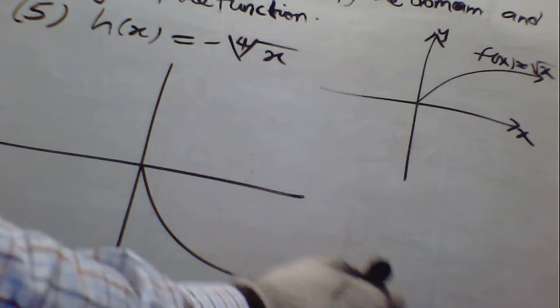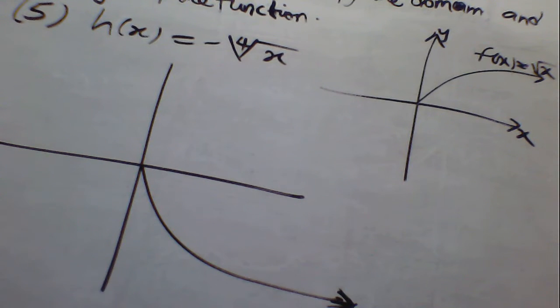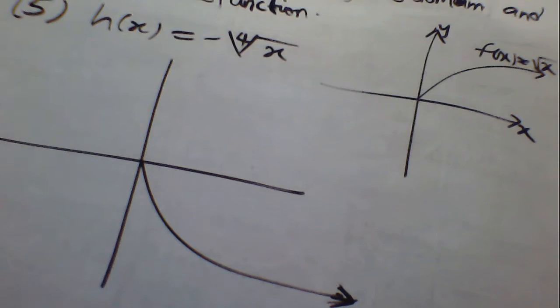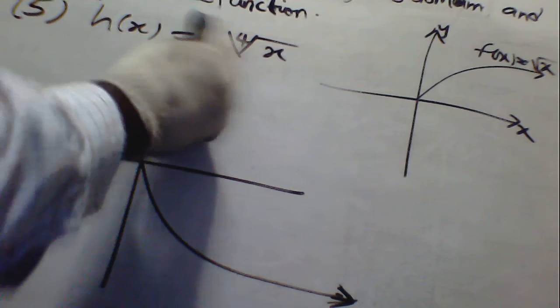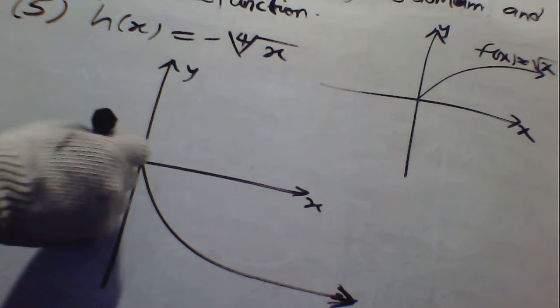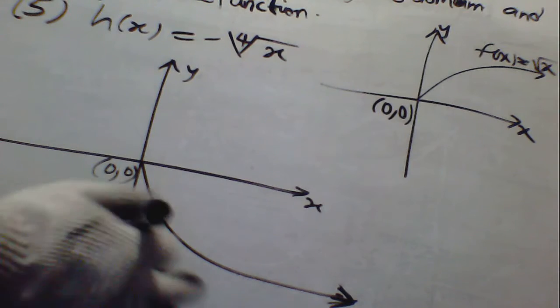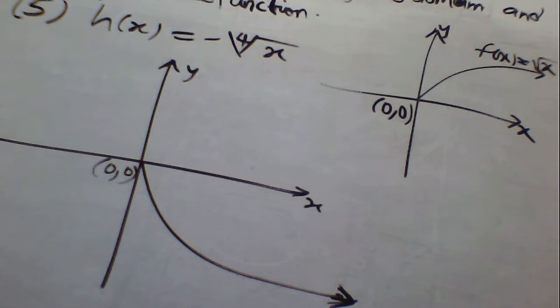That is how the graph will look like. So always, if you look at the graph, it is easy for you. This starts from 0, 0, because there is no other constant or attachment. This also starts from 0. So this is how the graph is going to look.